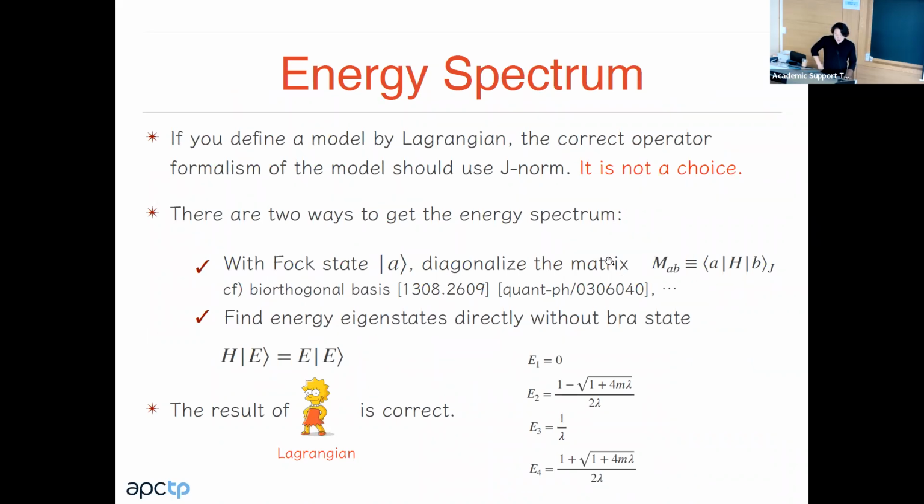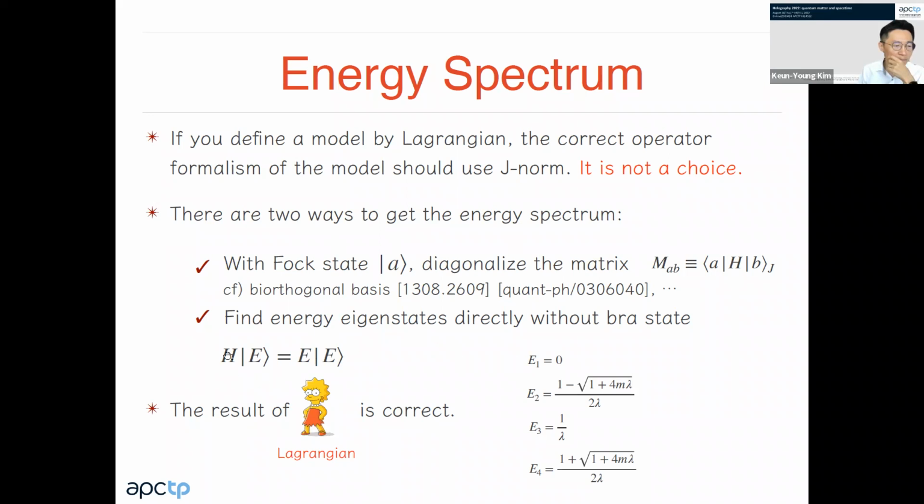Now, when you diagonalize this matrix, we first find the metric representation, the Fock space representation of the Hamiltonian, not with the usual ordinary inner product, but with the J inner product. Then you can diagonalize it. This is similar to the bi-orthogonal basis when people study non-Hermitian Hamiltonians.